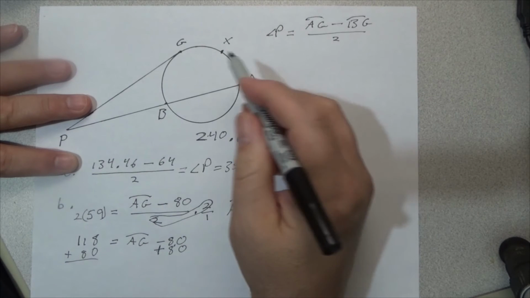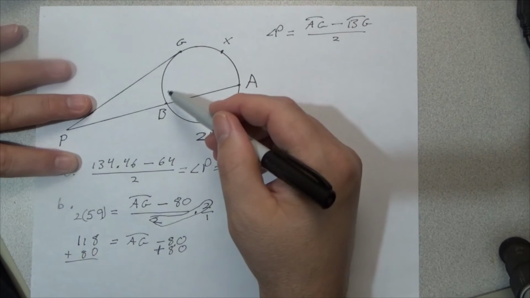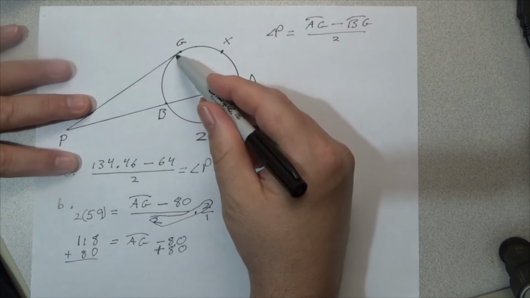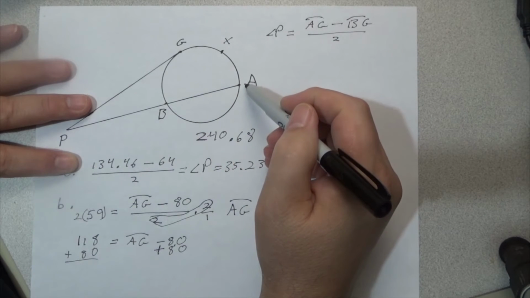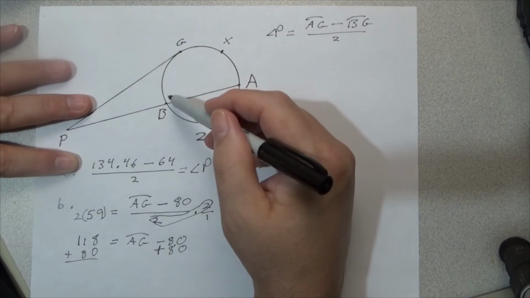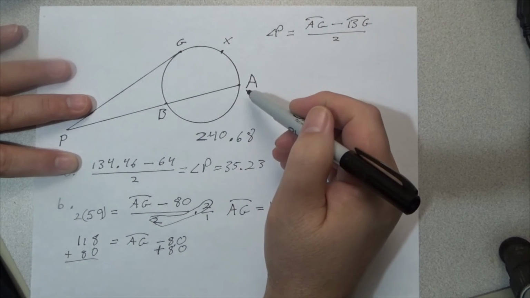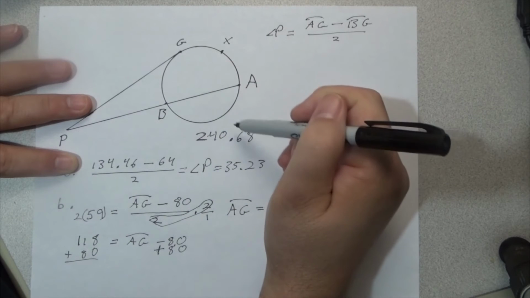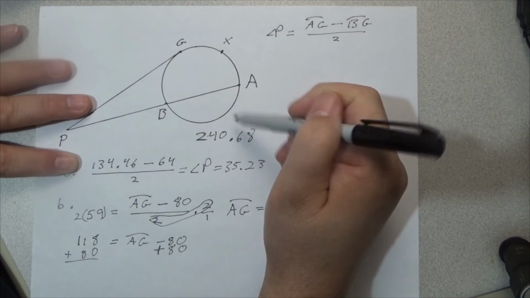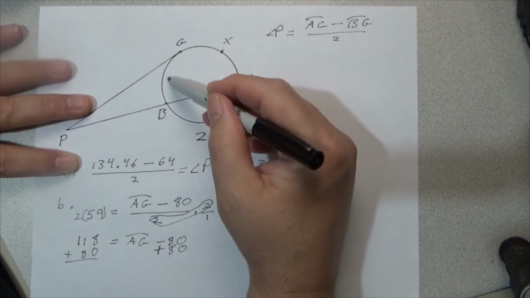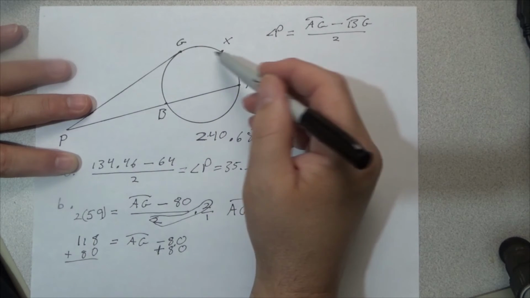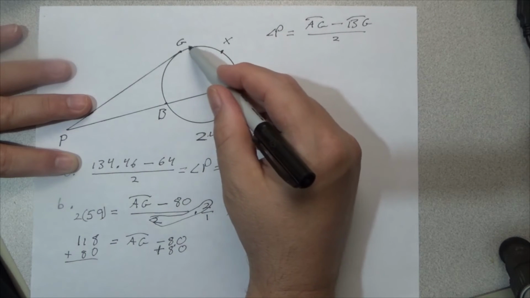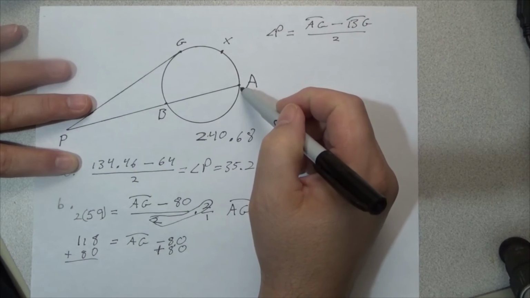Make sure you understand that. So this arc and this arc are all the same. So there's 3 of them, 3 parts in there. And I want to know how much one part is, because once I find out how much one part is, that is going to be the distance from there to there. And then I multiply it by 2 to get the arc from here to here.